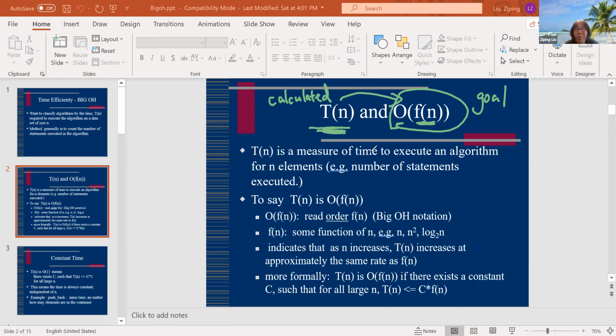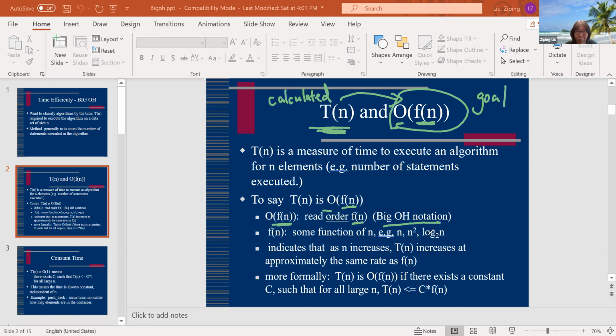Once we find f(n) from T(n), we say this algorithm's time efficiency, its complexity, is order of f(n). This is the BigOh notation, and you read it as order f(n), so order n squared, order log 2n, something like that, but always a single term.